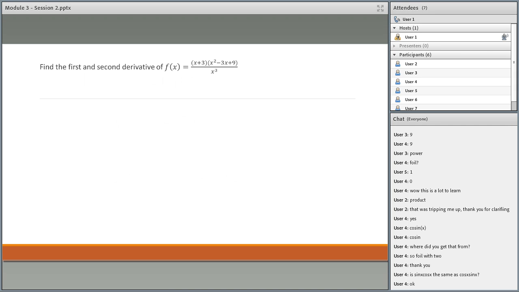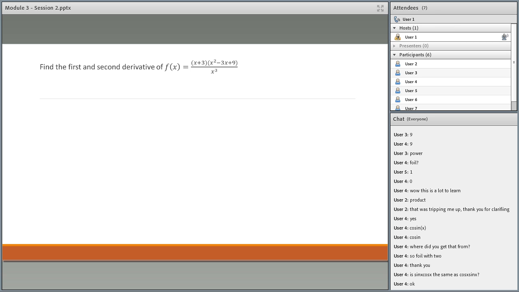So I want us to find the first and second derivative of f of x equals x plus 3 times x squared minus 3x plus 9, all over x to the third. So we're finding the first and second derivative.